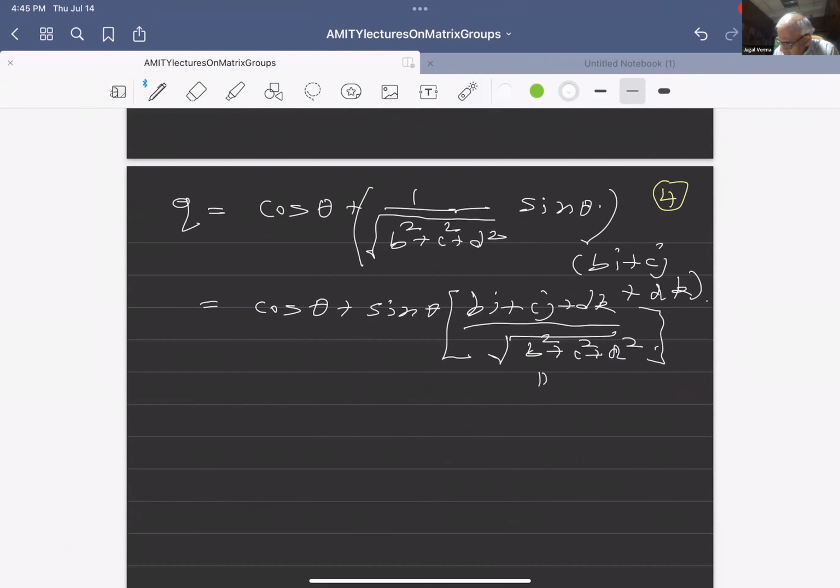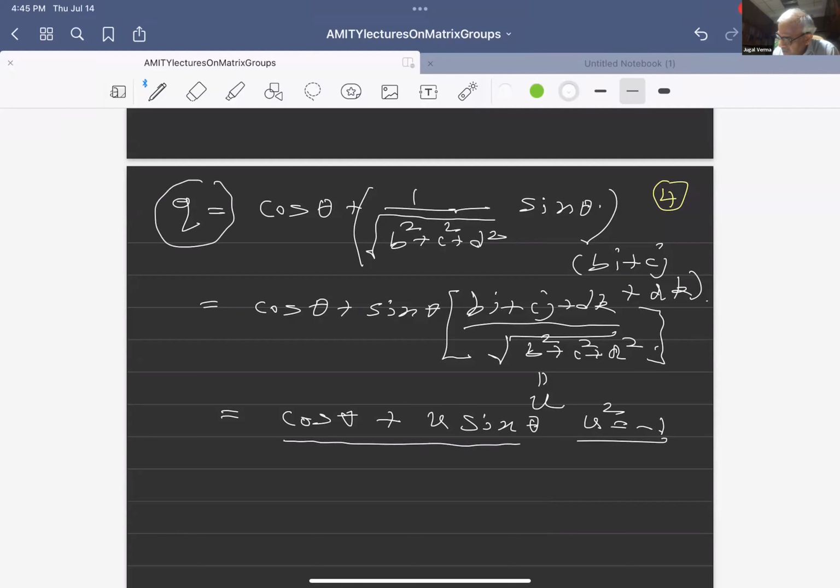I am writing this as U. So Q is equal to cos theta plus U sine theta, and U square equal to minus 1. So every quaternion of unit length, I can write as cos theta plus U sine theta, where U is a purely imaginary unit quaternion. Any questions so far?